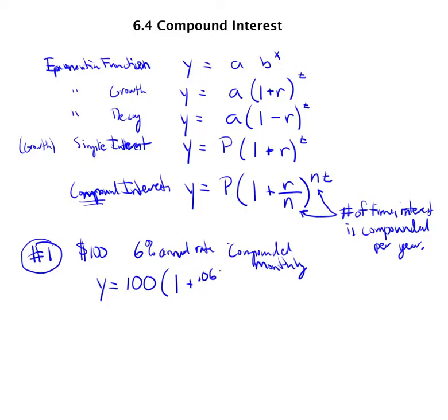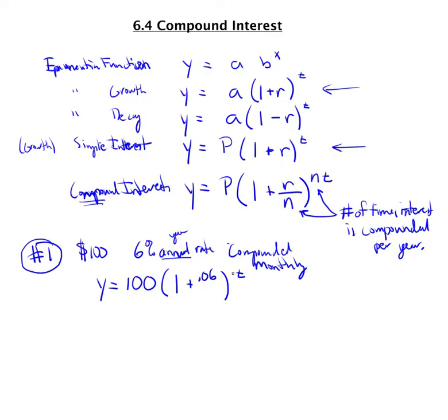Now that would be normally what we would do for that simple interest or growth up here, either if we think about it as that simple interest here or the growth here. It's basically the same thing, just slightly different. But we're going to compound it monthly. And so T is the number of years. And we know it's number of years because it said annually, and annually means a year.